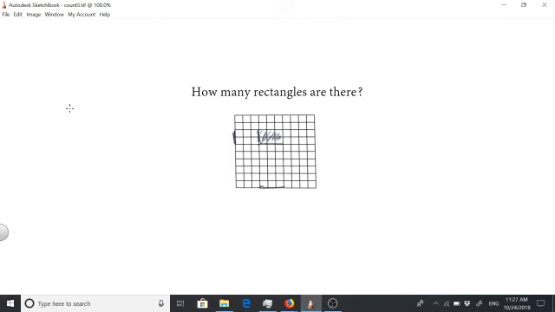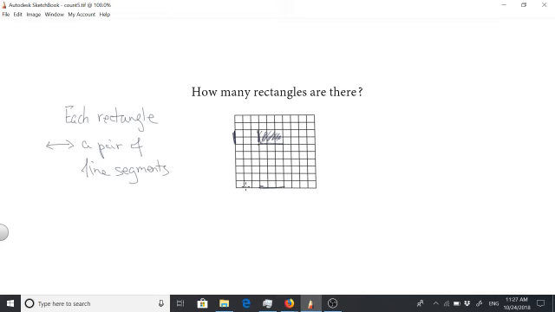And the point is, each rectangle basically corresponds to a pair of line segments. So whenever you have a line segment on the left and a line segment at the bottom, you get a rectangle.